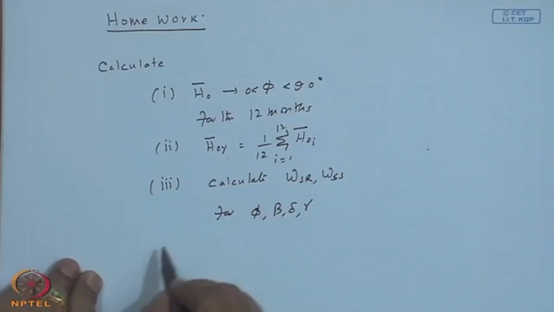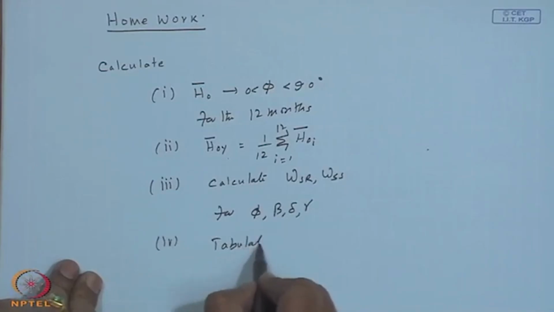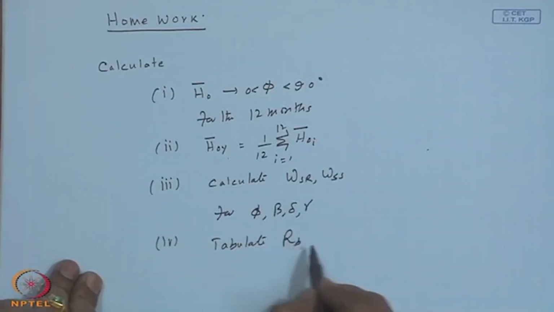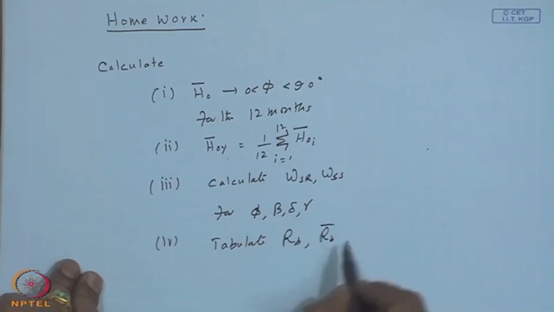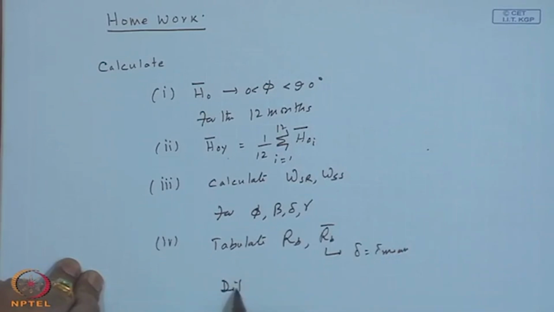Okay. 4, tabulate RB and RB bar, that is the monthly average or the daily, let us say only for delta equal to delta mean, for different phi, beta, delta and gamma.